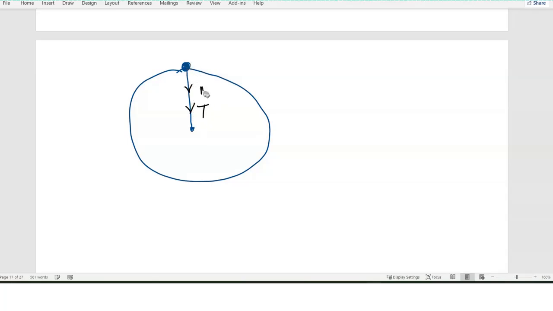There is also going to be mg. And what is trying to pull this outside the circle is what we call mv squared over r, or m omega squared r. That is when it is at the top.